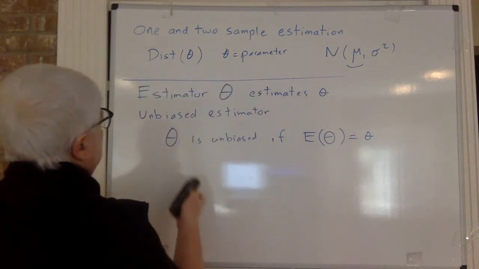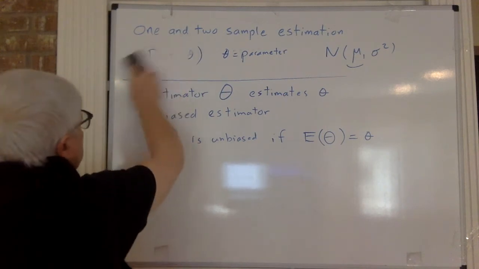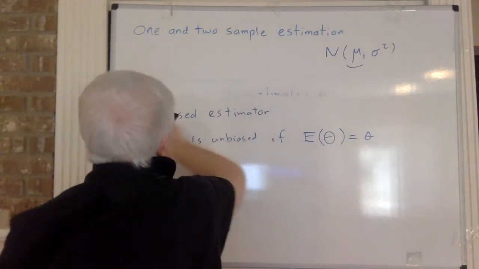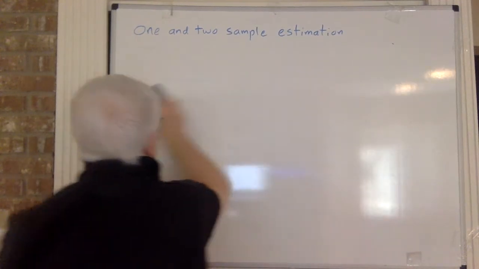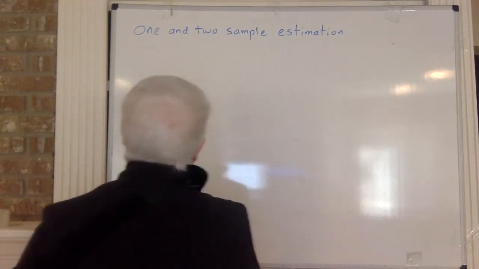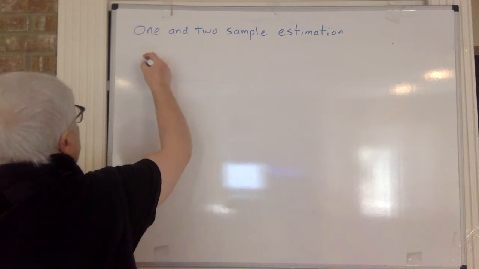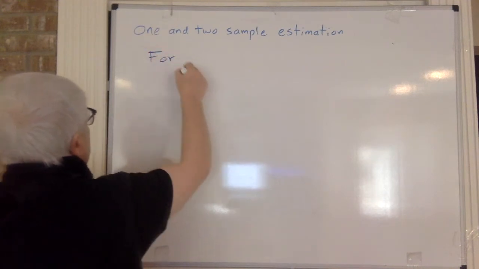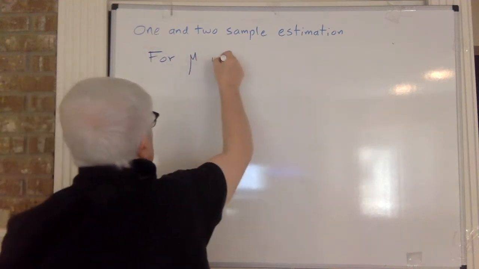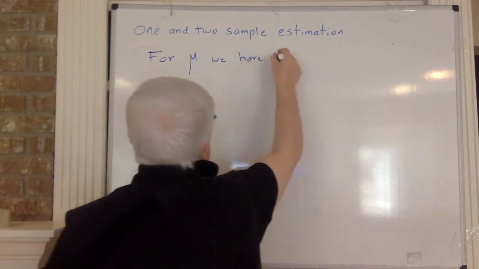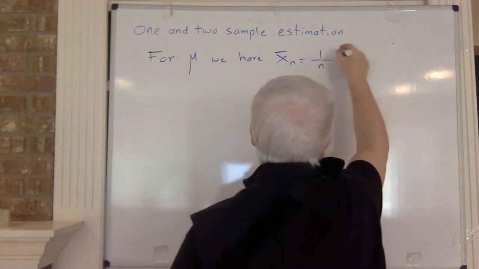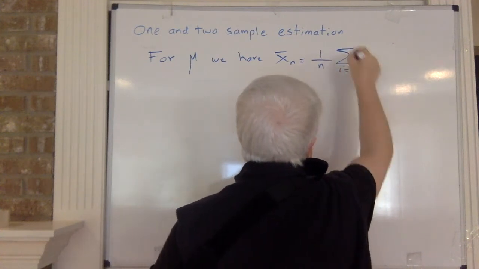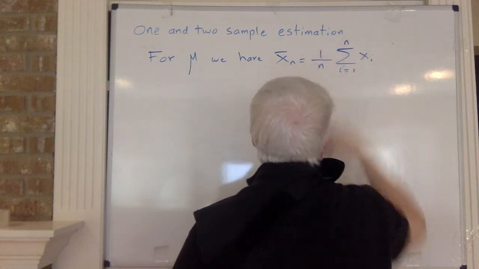Okay, so let me erase this and look at those two estimators. So for mu, we had x bar n, which is 1 over n sum over i from 1 to n of xi.